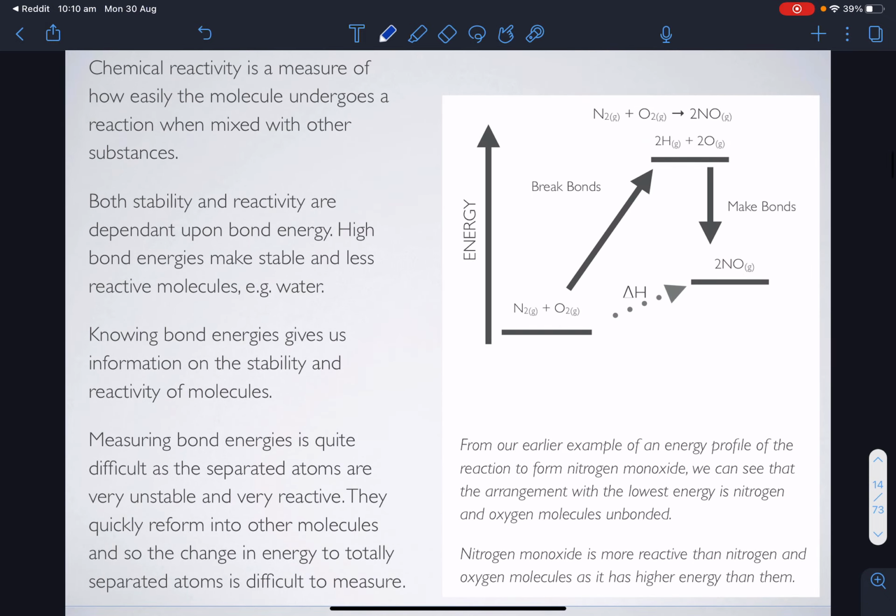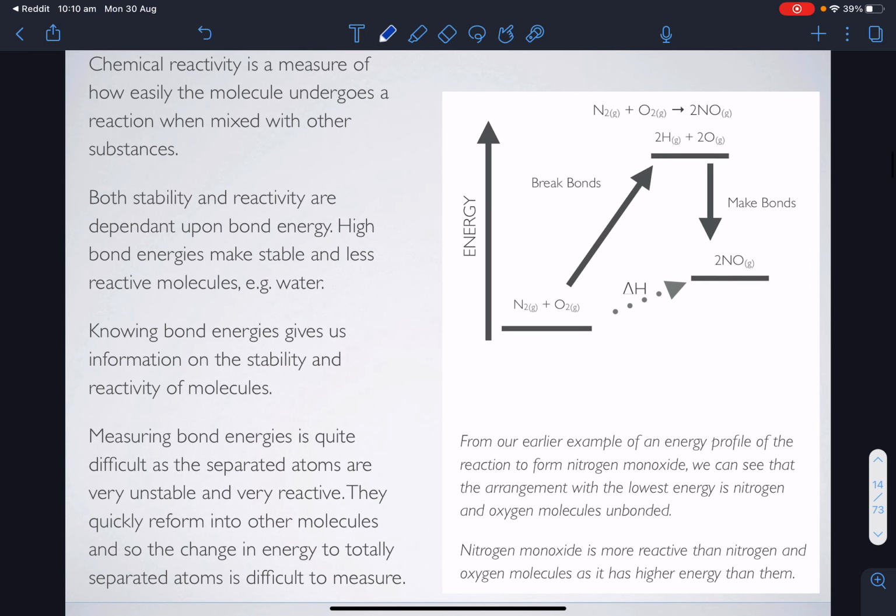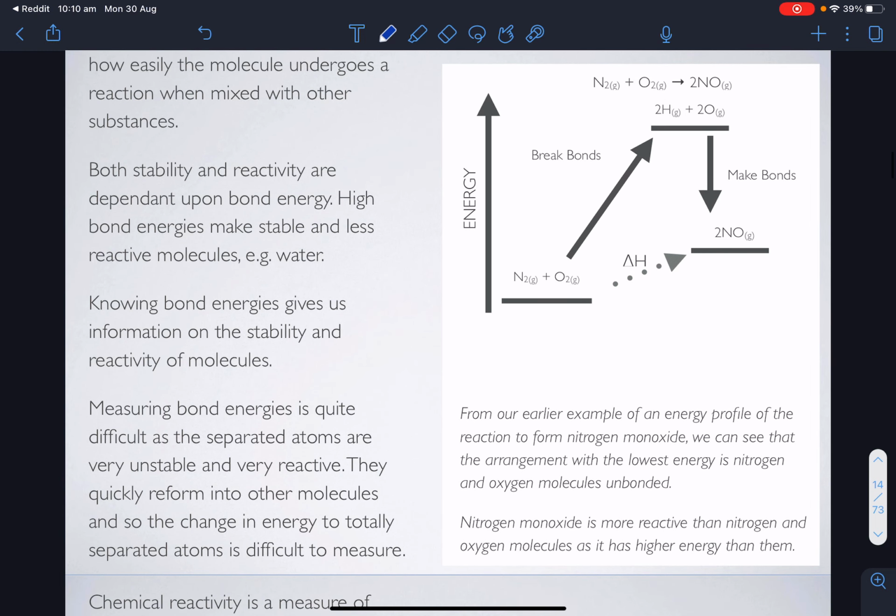Okay, I think all I've done here is kept the same wording, but I've just picked up the nitrogen and oxygen example here. And so here, nitrogen and oxygen separated are lower energy than the nitrogen monoxide. So they're much less reactive. Okay, so they're more stable, nitrogen and oxygen separated.